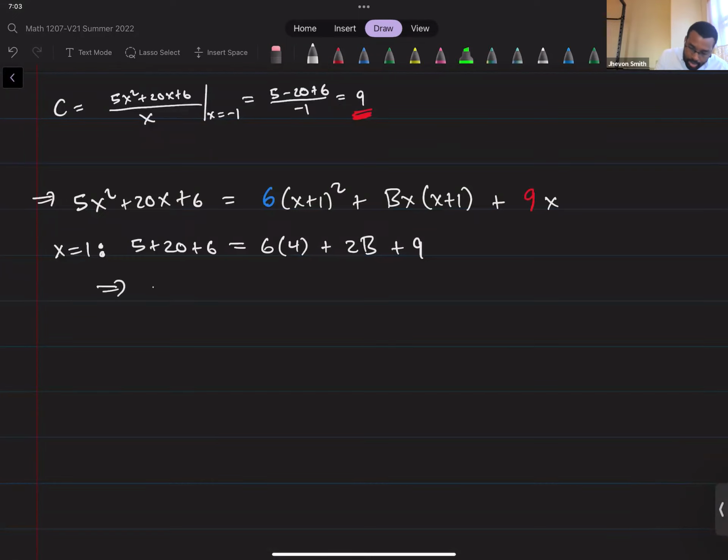So on this side, I have 31 equals, well, 24 plus 9, so that's going to be 33 plus 2b. And then move the 33 to the other side. So your b is going to be -1.